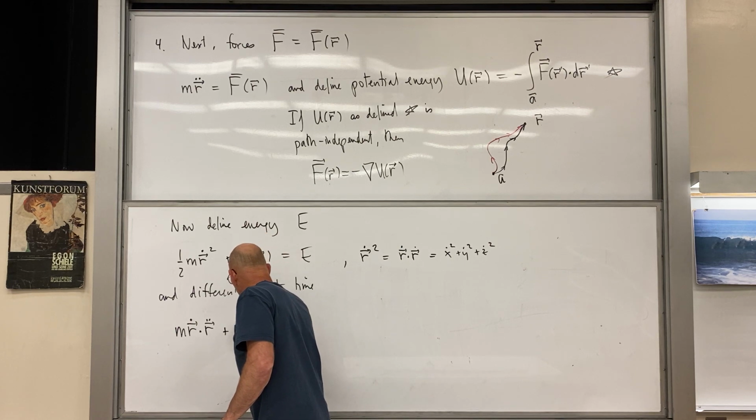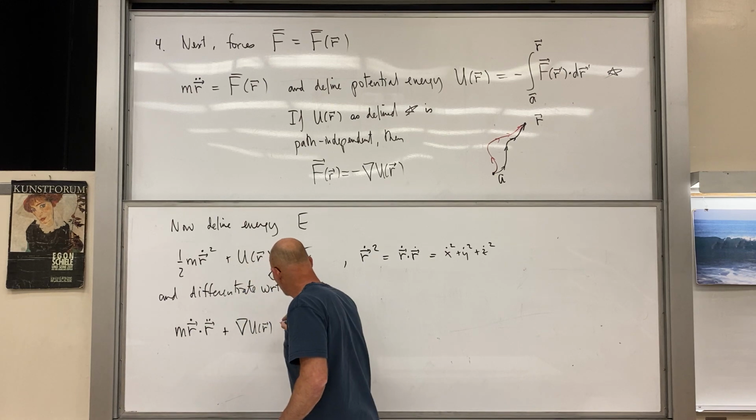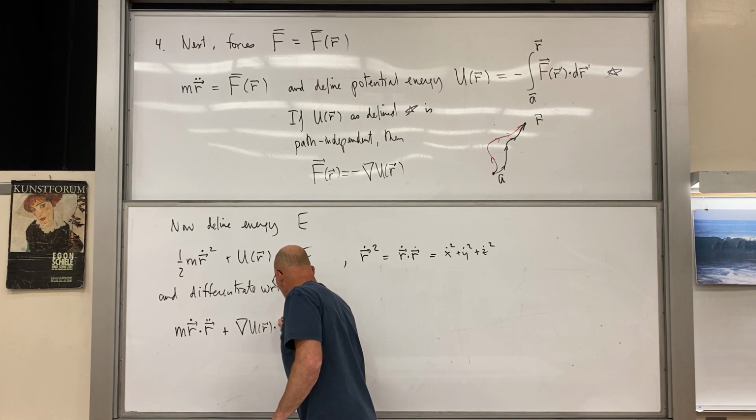Here we have the chain rule. It's going to be gradient U of r, and the inner derivative is dr dt.